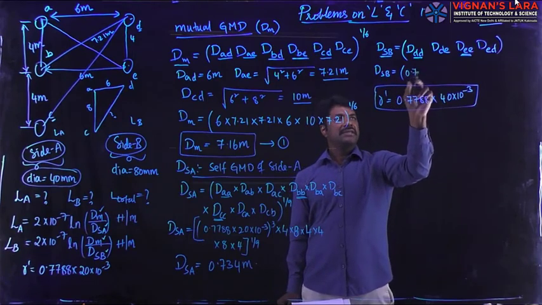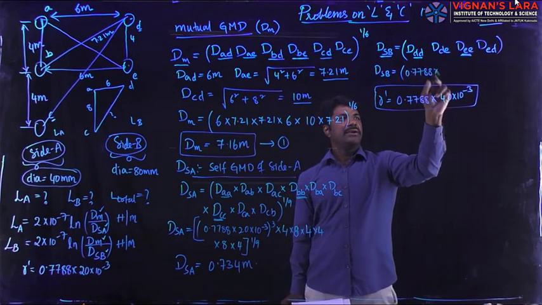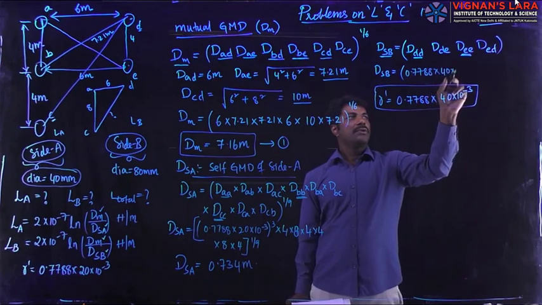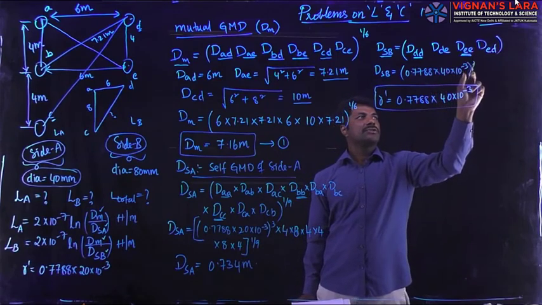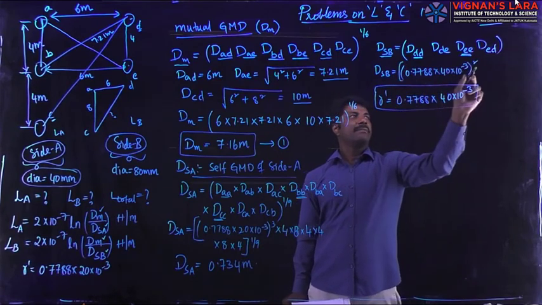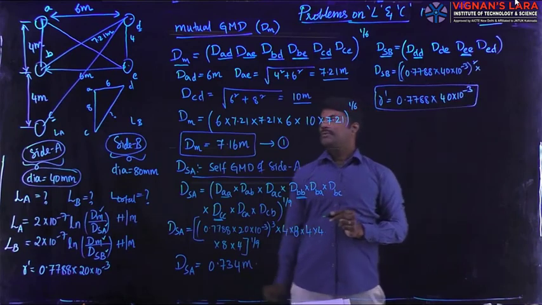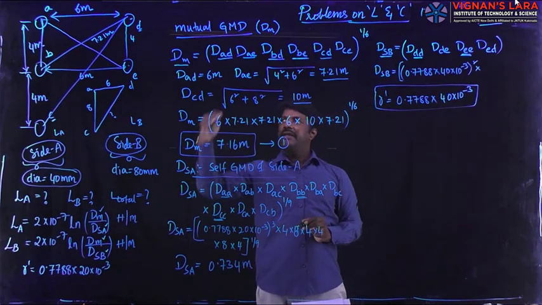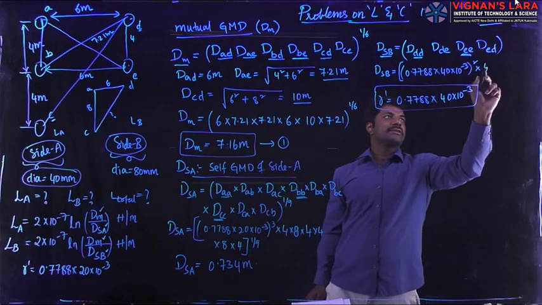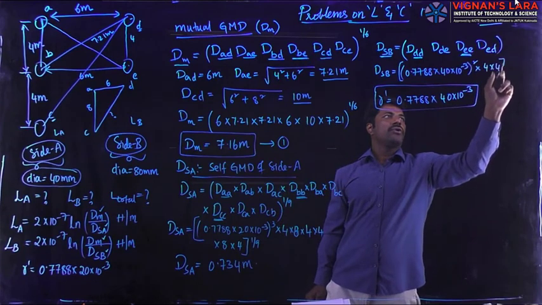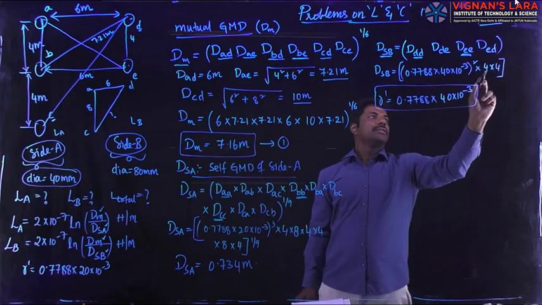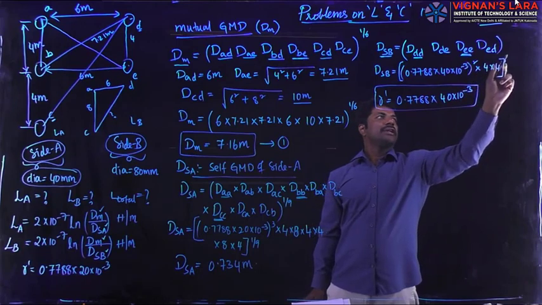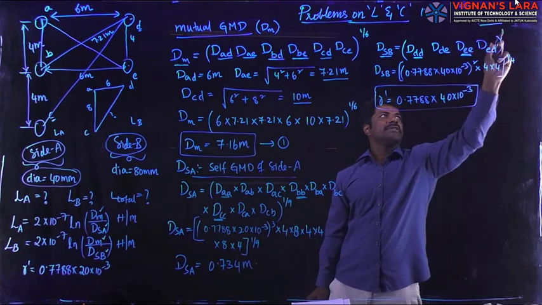So 0.7788 into 40 into 10 power minus 3 whole square multiplied by remaining 2 possible distances from D to E and E to D. They are 4 meters. 4 into 4 whole to the power 1 by 4, since there are 4 terms.